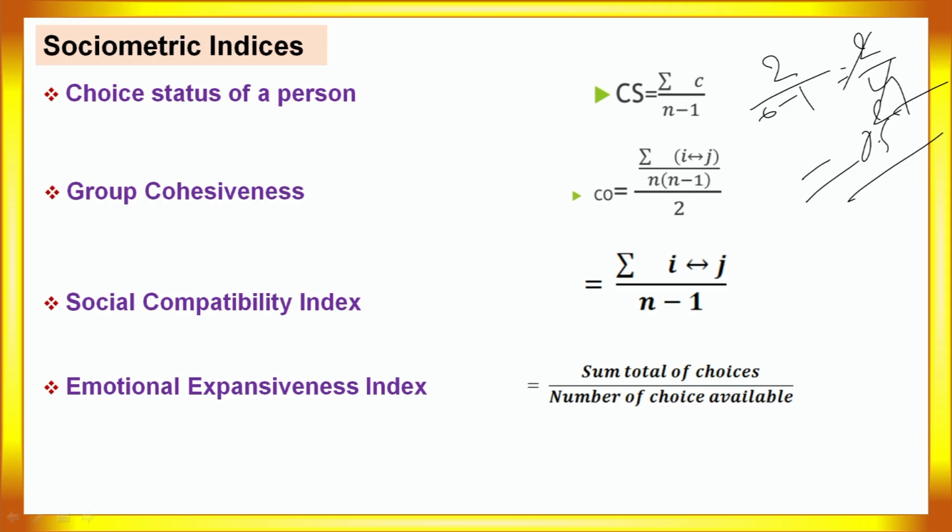In a similar way, there is another sociometric index, that is group cohesiveness. It is estimated by the formula: the summation of i double-headed arrow j, where this symbol between i and j represents the mutual choices, divided by n into n minus 1 by 2.